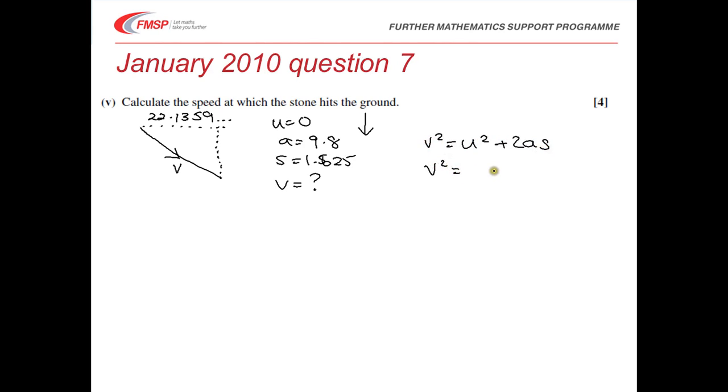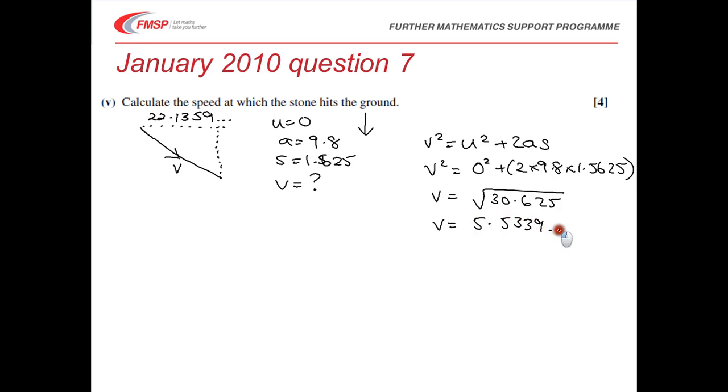So v squared will be 0 squared plus 2 times 9.8 times 1.5625. And so v will work out to be the square root of this, which is 30.625. It works out to be just over 5.5. So keep that value. That's this vertical component here.